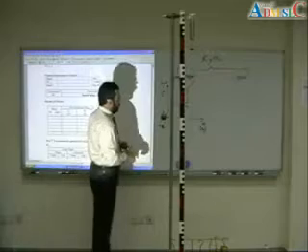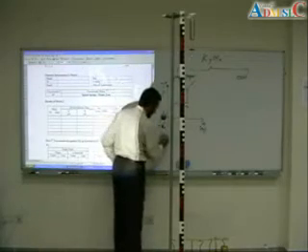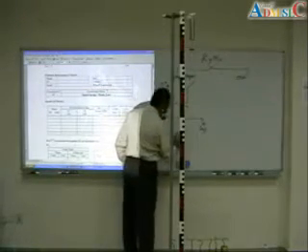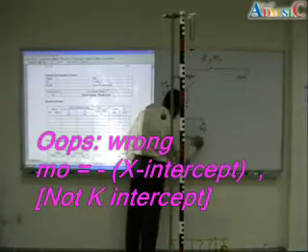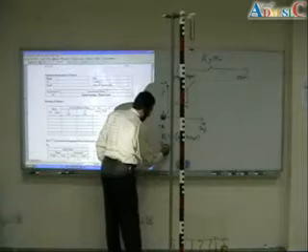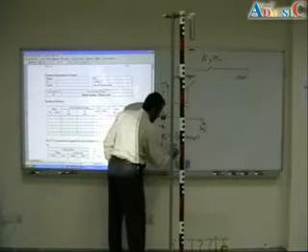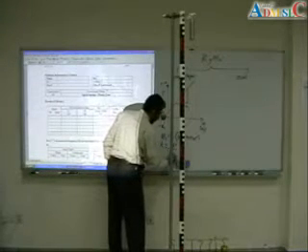Actually, this represents M naught, so M naught is equal to minus K, and K is equal to 4 pi squared over the slope.